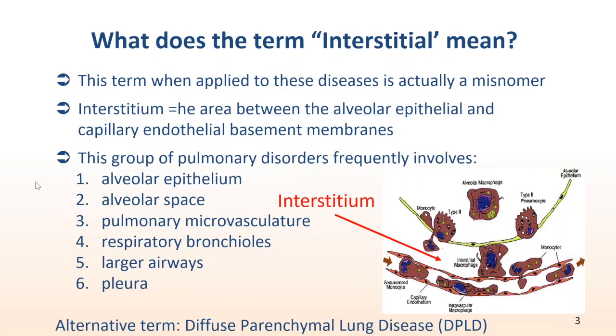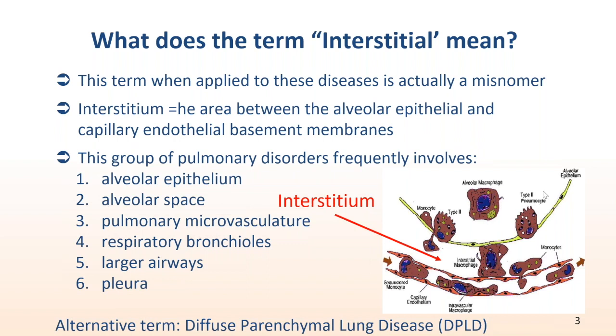Now, what is interstitium? Interstitium actually is the area which is outside the alveolus and between the alveolus and the pulmonary capillary. That is, this is the area where gas exchange takes place. So it is not in the airway. Normally, airways we are all familiar with when we talk of asthma and COPD.